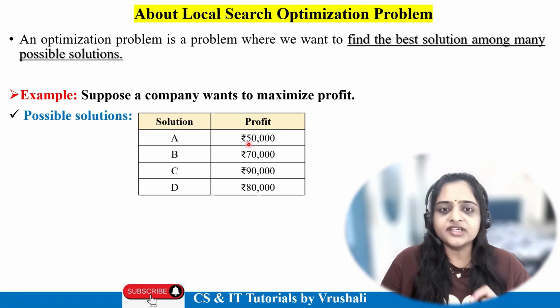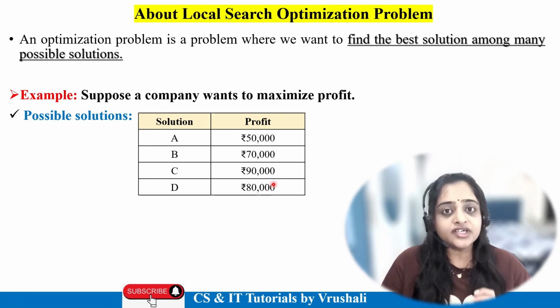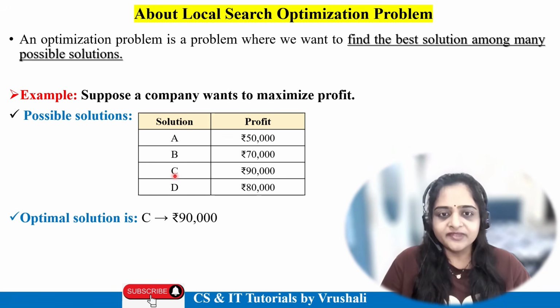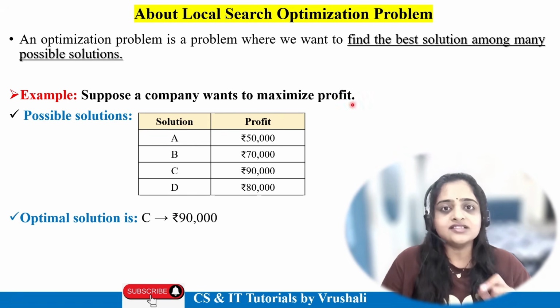The first solution will give 50,000 profit, the second 70,000, the third 90,000, and the fourth 80,000. Now tell me which one is the maximum profit? That is solution C, 90,000, right? This is called the optimal solution, and finding it is called an optimization problem.